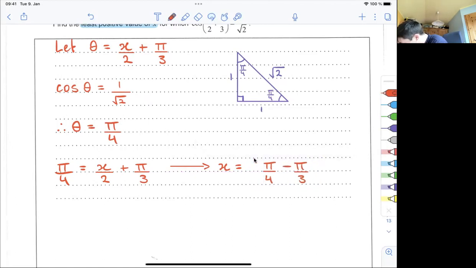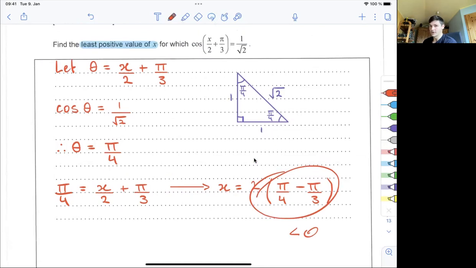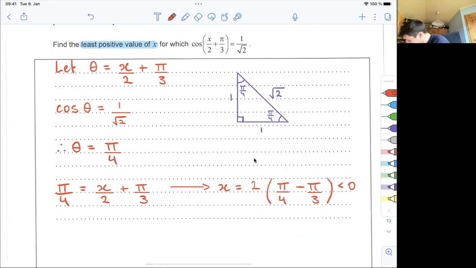But here we've run into a bit of a problem, since already, before I even times this by 2, what's in the bracket, pi over 4 minus pi over 3, is less than 0. Which is a problem, because we need to find the least positive value of x. So we'll note that this is less than 0.